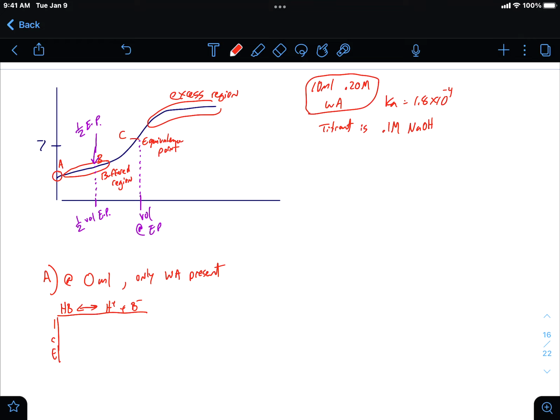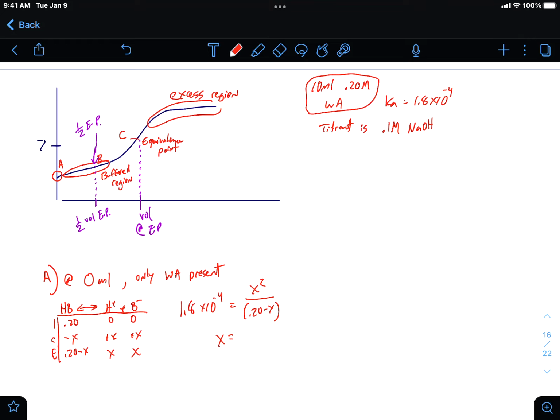My initial concentration, 0.2 molar. Right, just like what we've done many ICE tables of. So let's find what the pH is. The Ka is 1.8 times 10 to the minus 4, equals x squared over 0.2 less x.